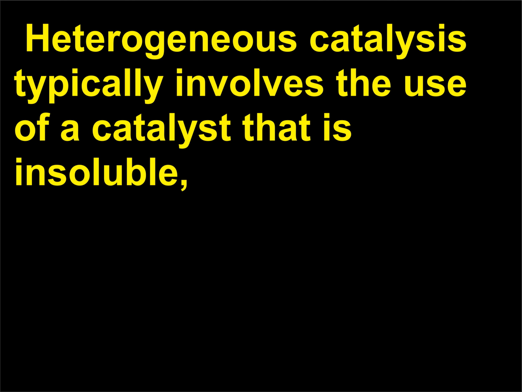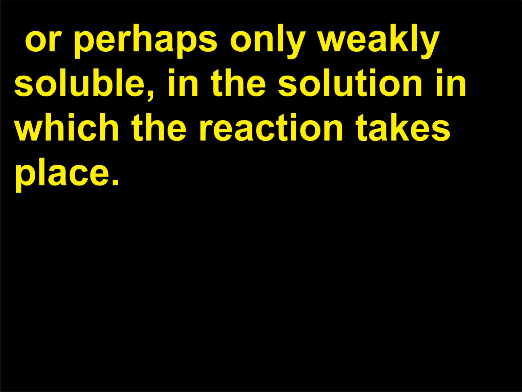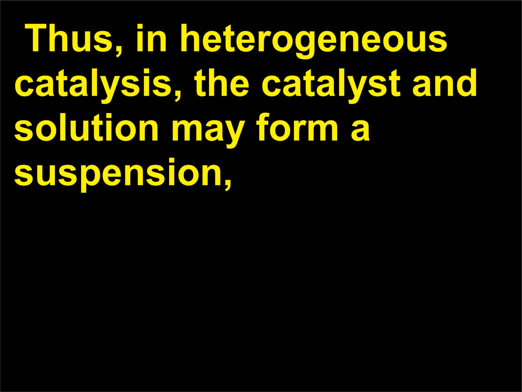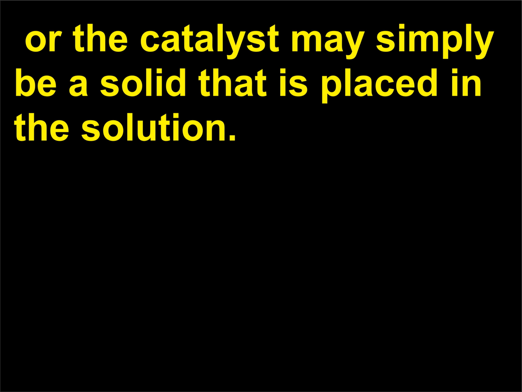Heterogeneous catalysis typically involves the use of a catalyst that is insoluble, or perhaps only weakly soluble, in the solution in which the reaction takes place. Thus, in heterogeneous catalysis, the catalyst and solution may form a suspension, or the catalyst may simply be a solid that is placed in the solution.